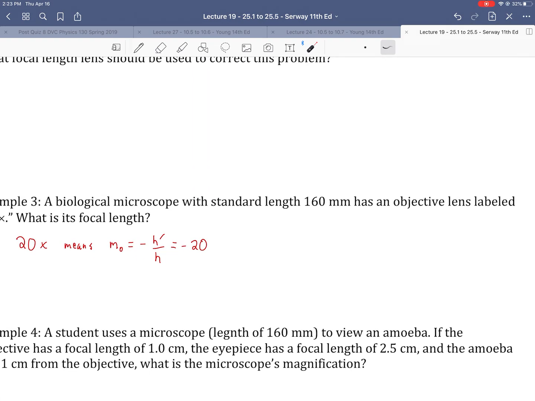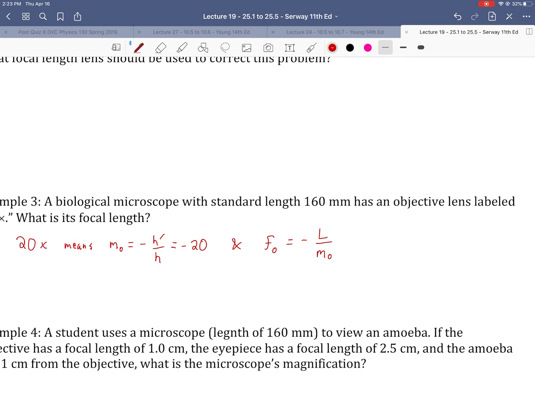Okay, so we need to find the focal length. Well, we're going to write the formula for the focal length for a microscope, okay? So this is just right out of the key formulas for this section. So F of the objective, O for objective, is defined as negative L over the magnification of the objective, okay?